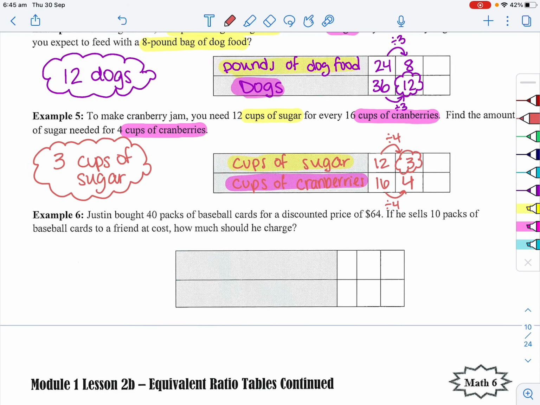In example 6, Justin bought 40 packs of baseball cards. So I'm going to have packs of baseball cards for a discounted price of $64. So I'm going to use price for my second part of my table. So I've got packs of baseball cards.